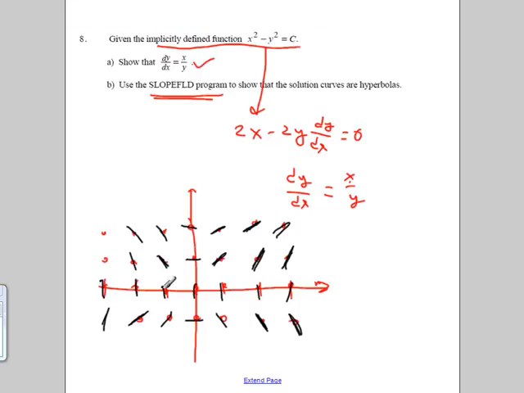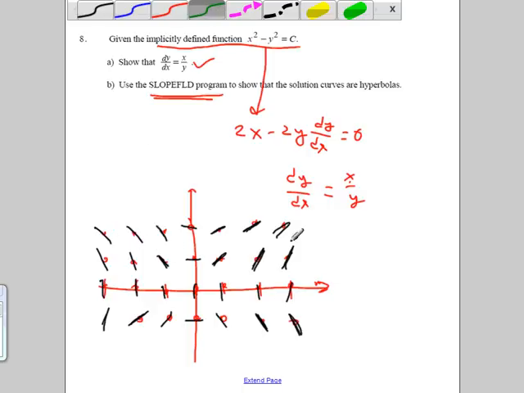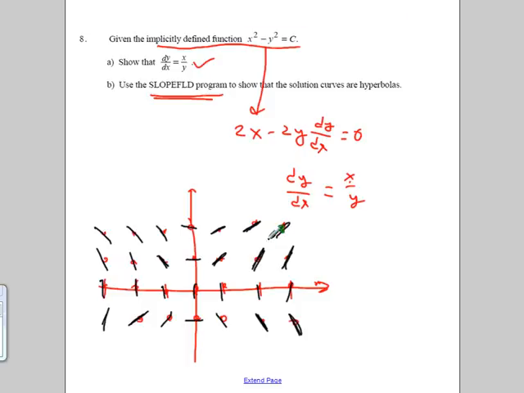And here we're at a 3, negative 3, 1. So it's a slope of negative 3. And now negative 3/2. So the idea is, if I were to put a point down like right here, the solution is going to be something that looks like that, which is a hyperbola.